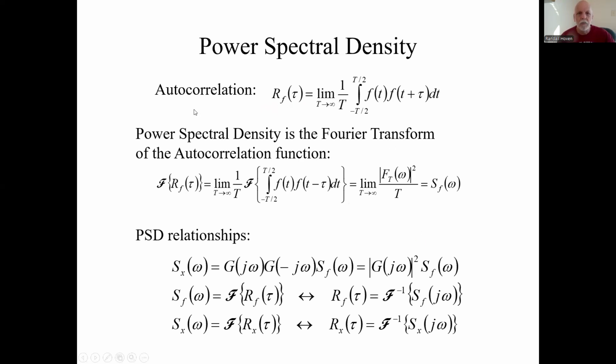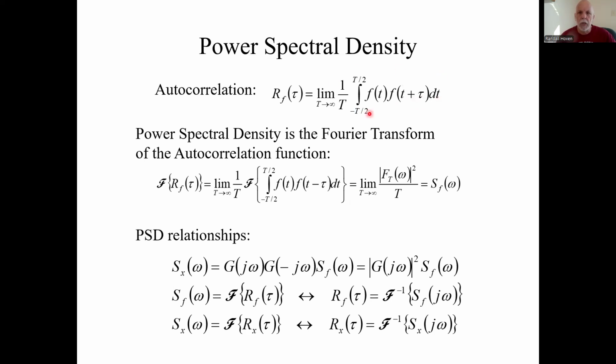Here's the definition of the autocorrelation function of a deterministic signal. In the previous module, we talked about autocorrelation function of a random process. Here, it's a deterministic signal. It's this thing. F is a function. You have another tau shift of that, you multiply the two together.